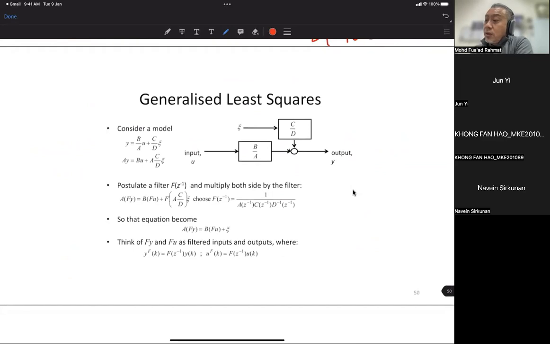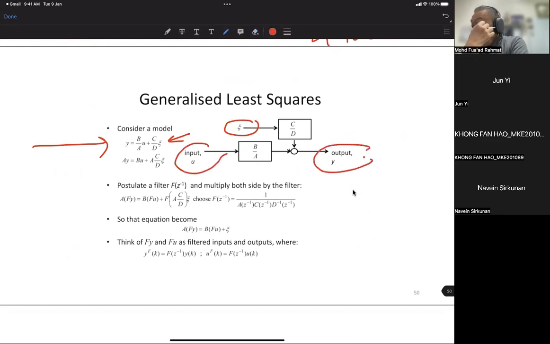So consider a model which is given here, y equals b divided by a times u, plus c divided by d times zeta. Zeta is actually the stochastic part, with an input part and an output part.